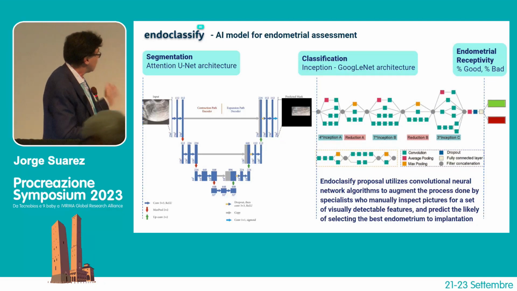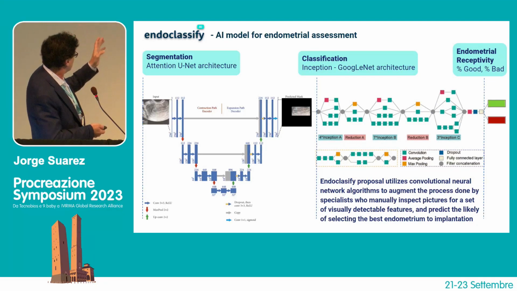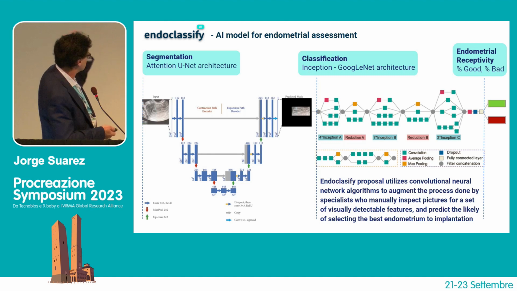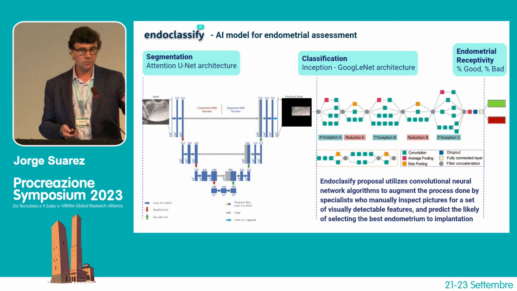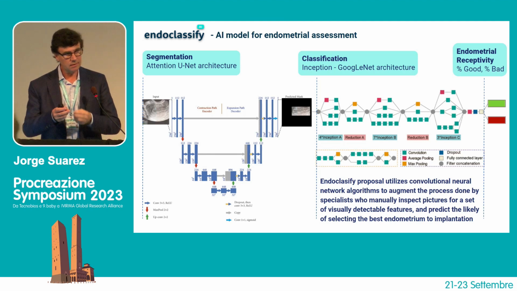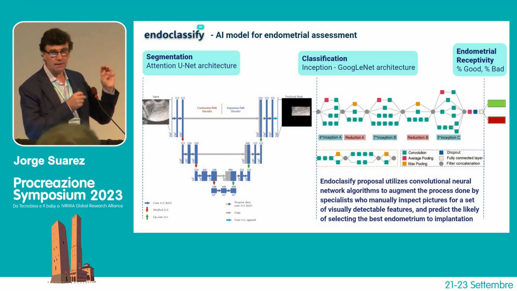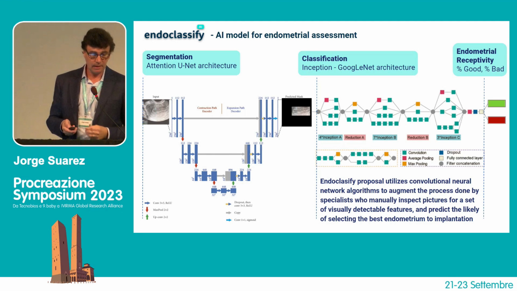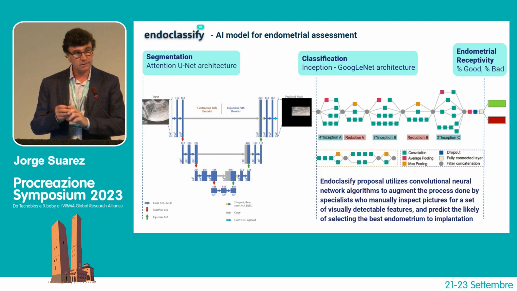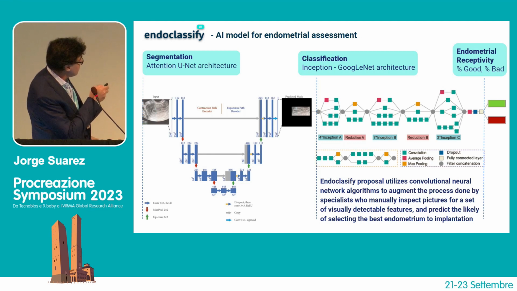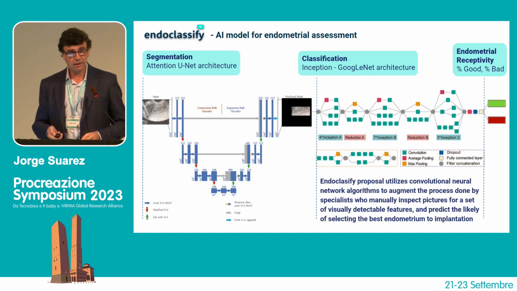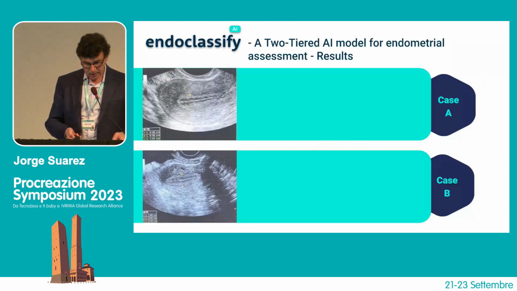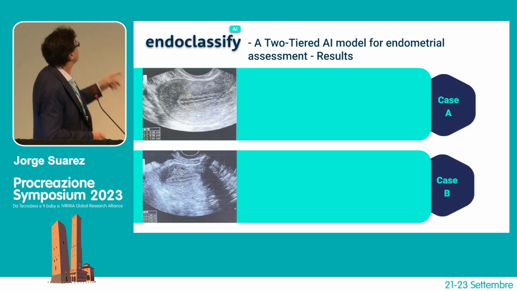This is an example of the architecture: the segmentation is on the left side, with an encoder and decoder, a contracting path and an expansive path, each with particular functions that allow you to segment the region of interest. Then the Inception GoogLeNet on the right is a very good model to classify medical images. Just 1 minute more, please.